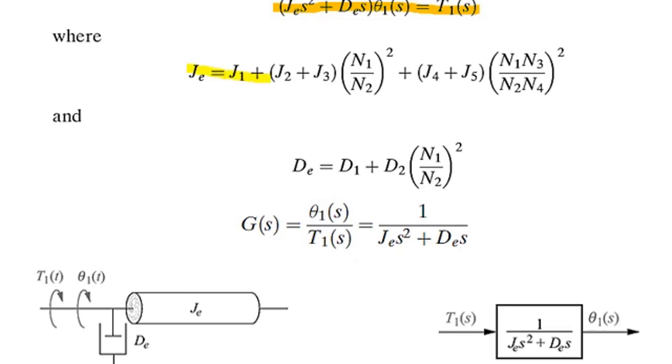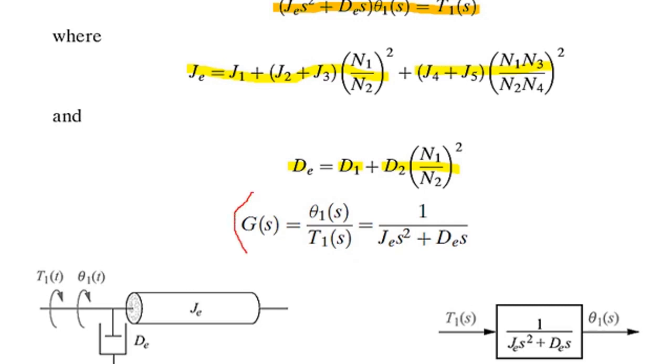Now J equivalent is equivalent inertia of stage 1, stage 2 and stage 3, where equivalent damping constant DE is equivalent of viscous damping components D1 and D2.